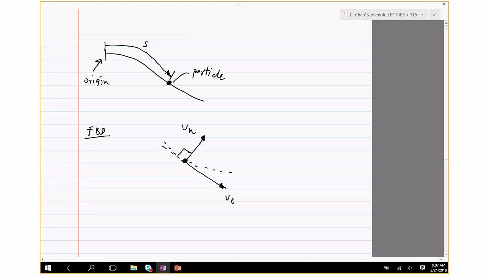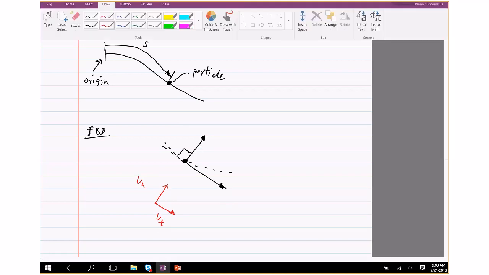So in this case, what you'll do is you'll try to write all the external forces in the NT coordinate frame. So maybe I should write it this way. This is u_N, u_T. And I'm going to show the forces here.